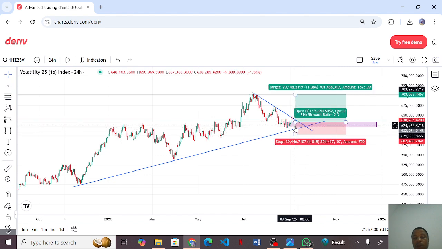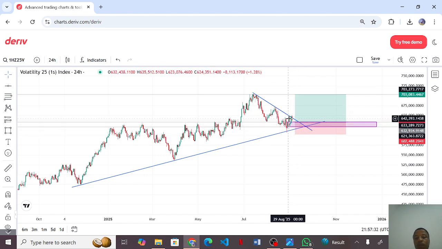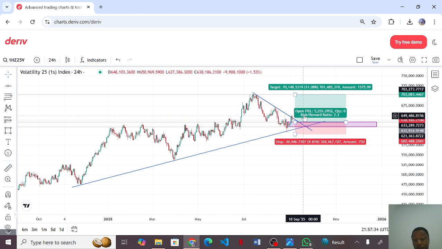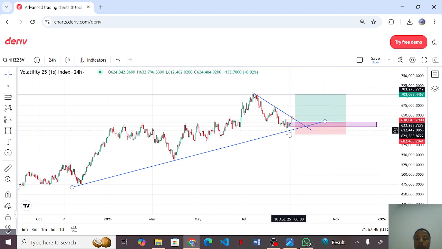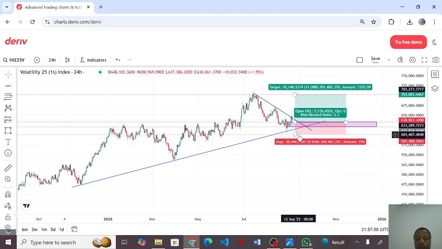So when price breaks the counter trend line toward the upside and retests it again, I think that is another area you can look for your entry, right? Otherwise, you can just place a pending order and you exit below this place here.